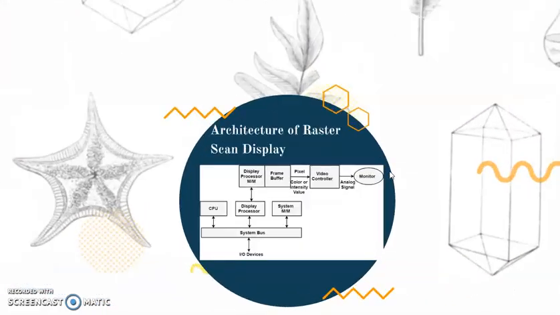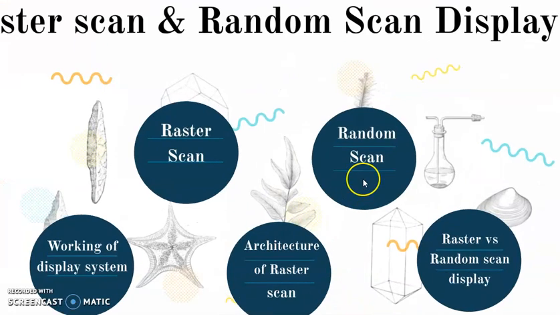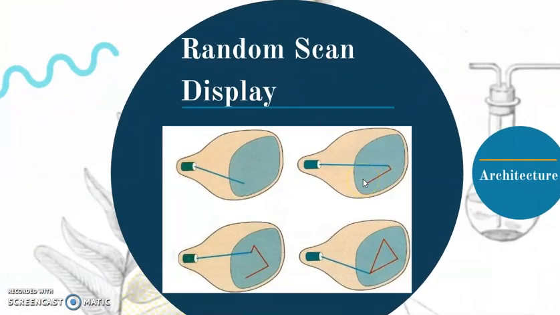Next, we come to random scan display. What is random scan display? Very simple. As you can see on your screen, that's your electron gun. My ultimate aim is to draw a triangle. This is my first position, and you could choose any vertex as the first position.